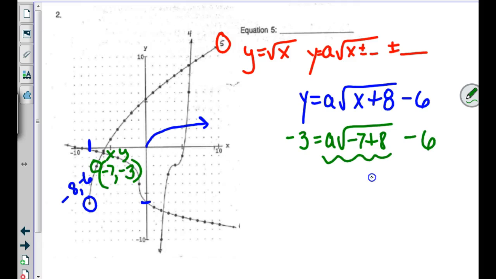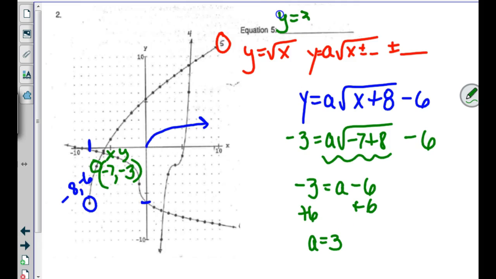This part right here becomes the square root of 1, which is 1, times a, which is just a. Then add 6, and I get a equals 3. So we have y equals 3 square root of (x plus 8) minus 6.